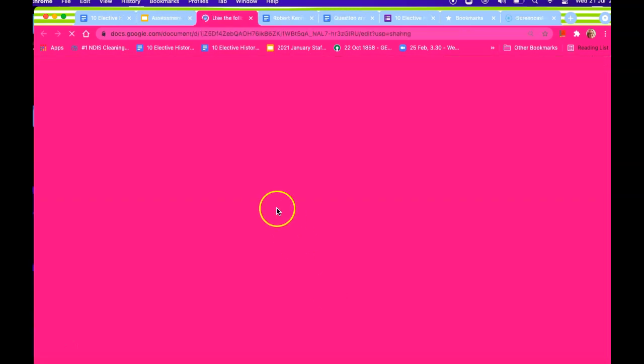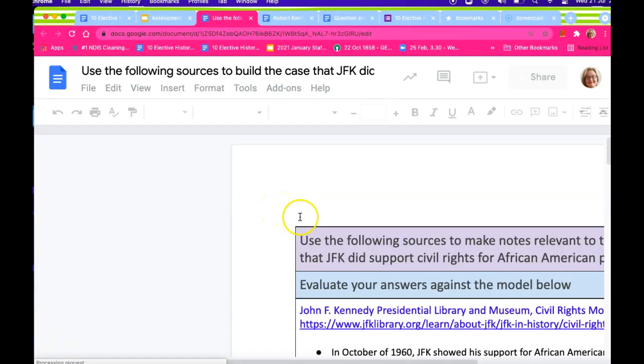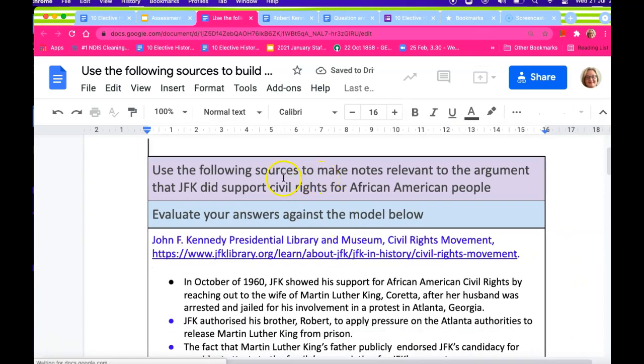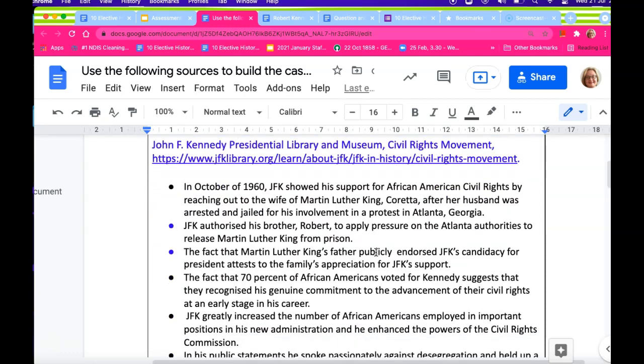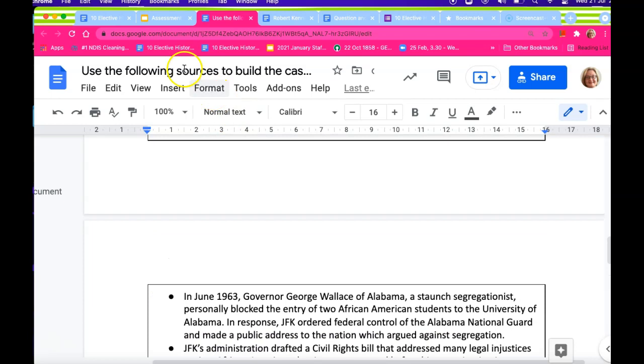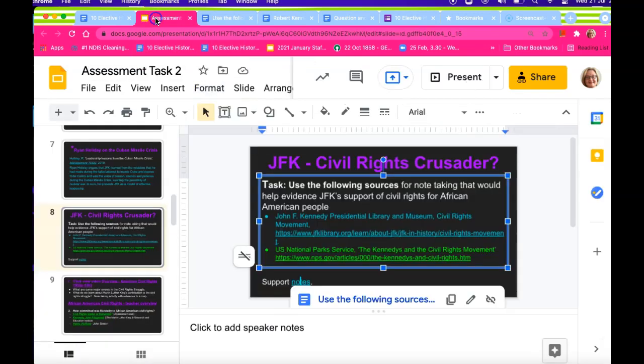Let me just open them up to show you. Those resources were used for an activity in which you made notes relevant to the argument that JFK did support civil rights for African American people. And there are some useful dot points, so have a look at those if relevant to your focus.